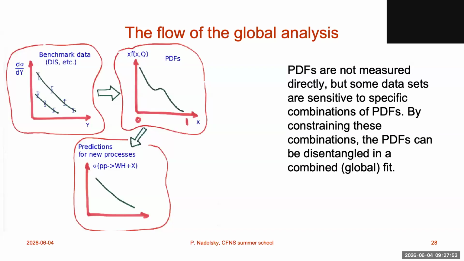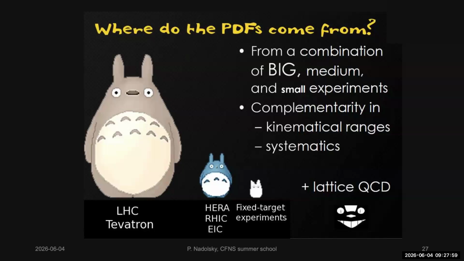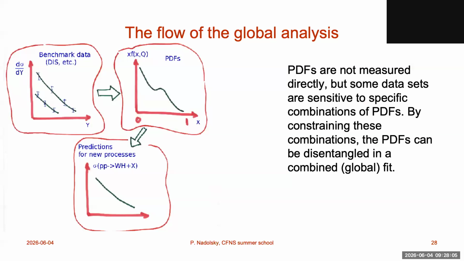Okay. All right. So, but now, if we would like to derive the PDFs from the experiments, we need to do what is called the global QCD analysis, which has a very standard procedure. First of all, you take the most precise measurements which you believe can constrain the PDF, and this is shown here.